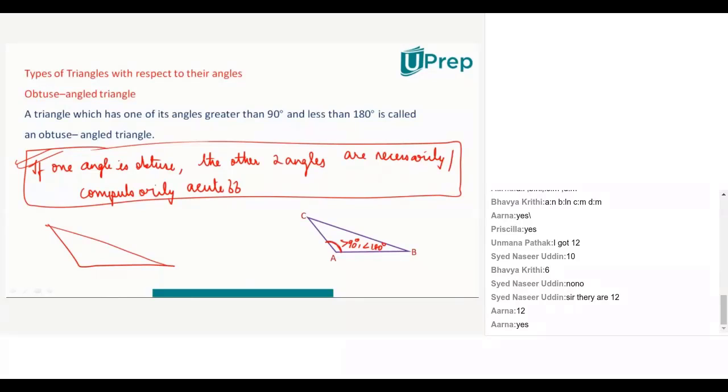But when we're talking about obtuse, we already know that one angle is more than 90 degrees, right? So, for example, if I say angle B is 110 degrees in triangle ABC, Bhavya, what would angle A plus angle C be together? 70 degrees, right? I do not know them individually, but together they will form the remaining angle of a triangle.